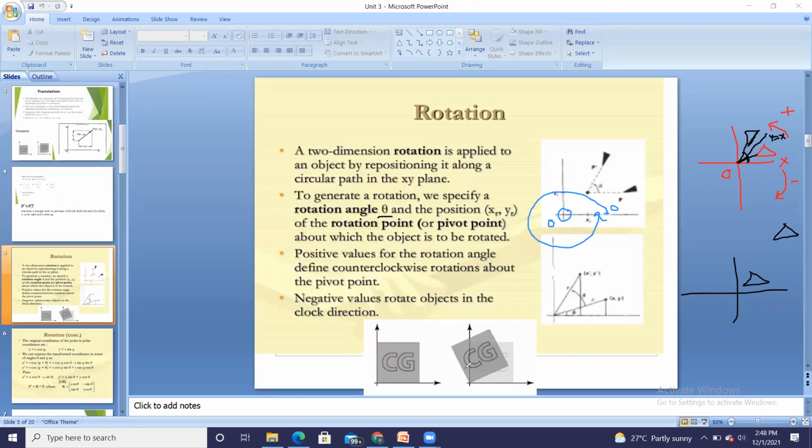So see here the example of the rotation. This is your original object, CG, this box, and with respect to origin, it is rotated. In which direction now? It is rotated in which direction?